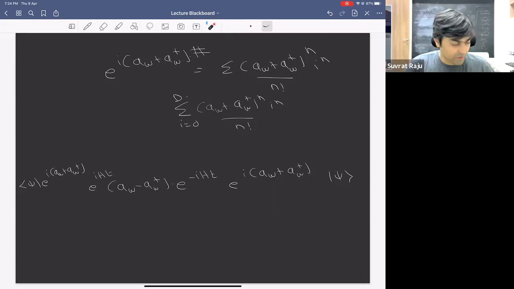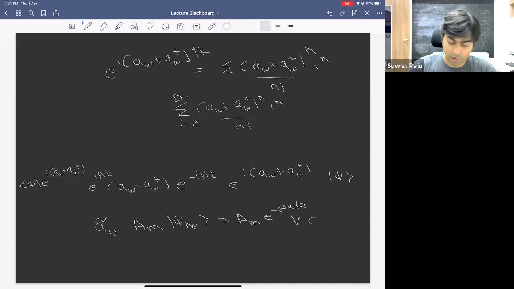Okay, so for such states, we find the following. For such states, we define the mirror operators in this way, as a omega tilde acting on A_m on psi_ne is A_m e to the minus beta omega by 2 into A_v a omega dagger v dagger psi_ne.